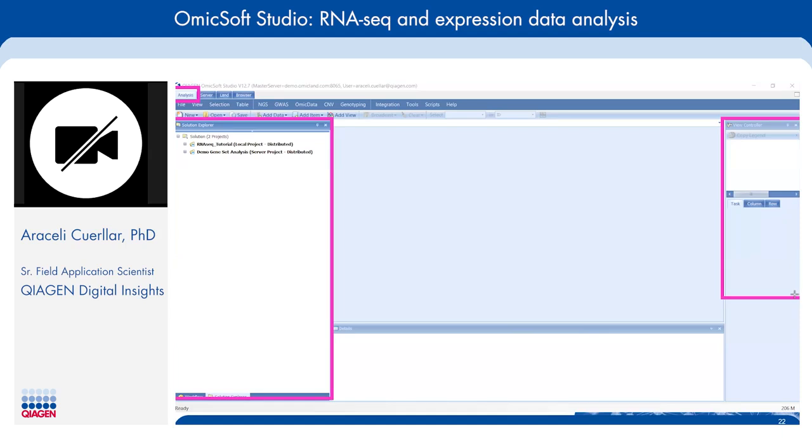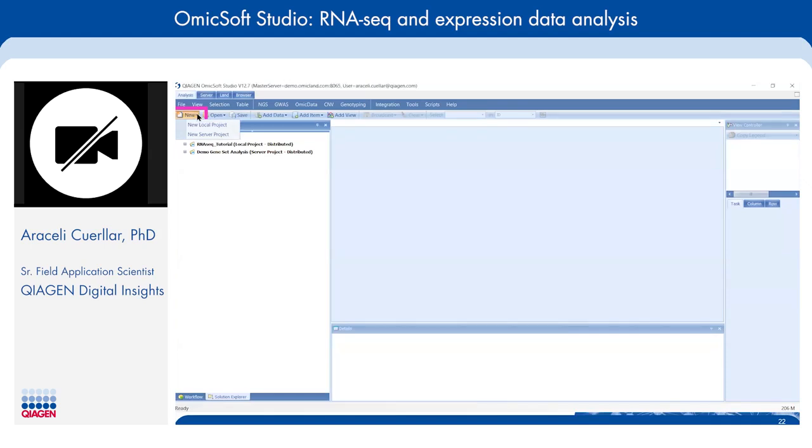Now, to start the RNA-Seq analysis, the first step is to create a project that will store your input and output files by simply going to the New option. Here under New, you have the option to create a local project, or you have the option to create a server project. And so in OmicSoft, analysis is done under a project, right, and can be done locally or on a server.